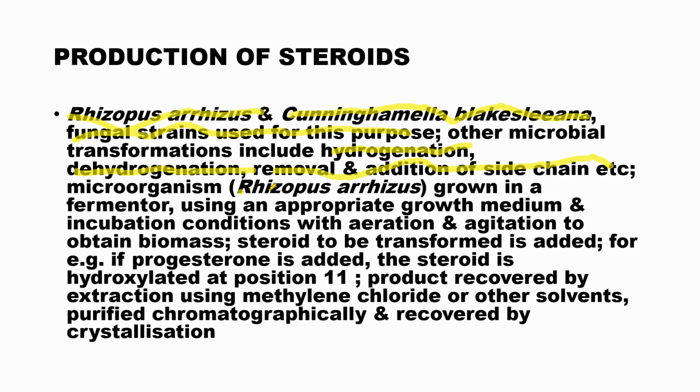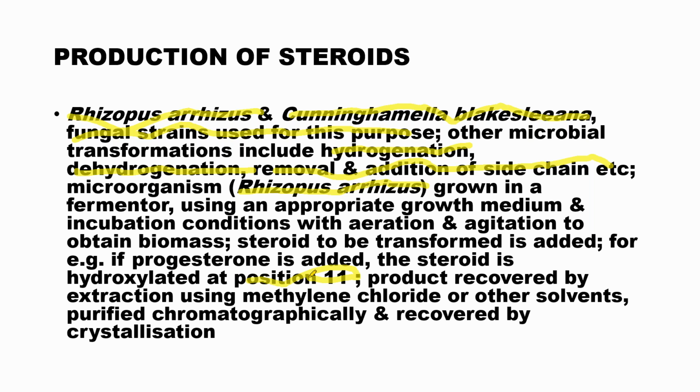For example, the microorganism Rhizopus arizus, how are we doing it? It is grown in a fermenter with an appropriate growth medium, incubation, aeration, agitation, everything. We are growing it in a fermenter. Then the steroid to be transformed is added to this medium. For example, if progesterone is added, the steroid is hydroxylated at position 11.